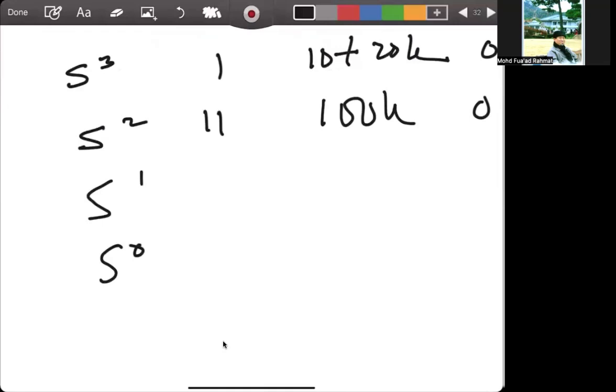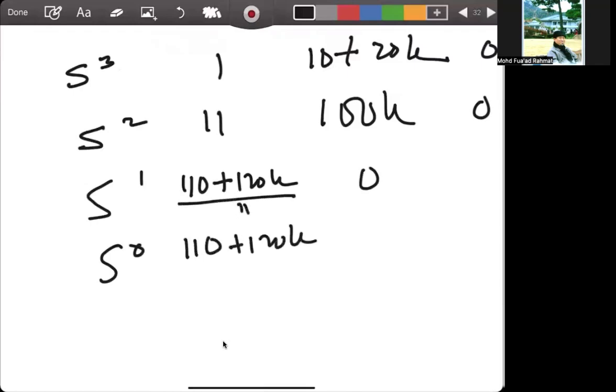So this one will be 110 plus 120K over 11.